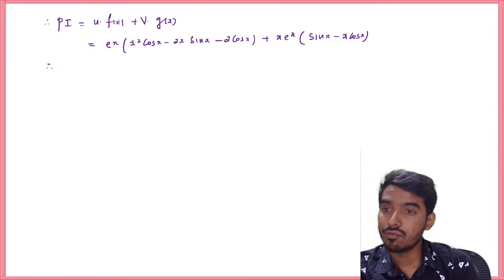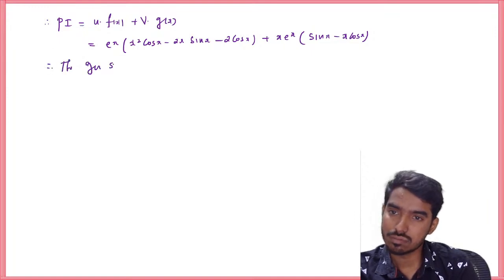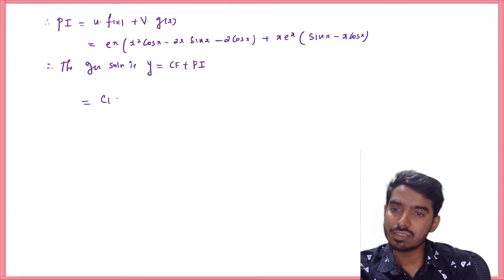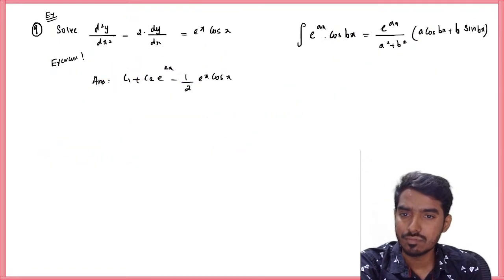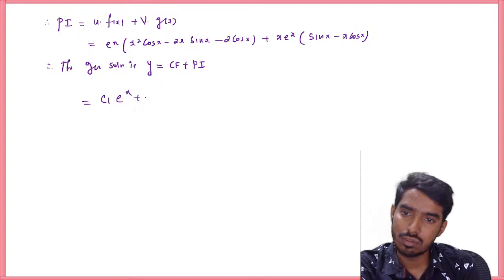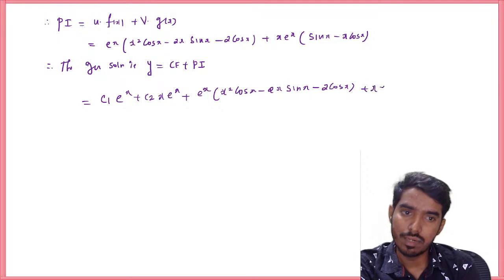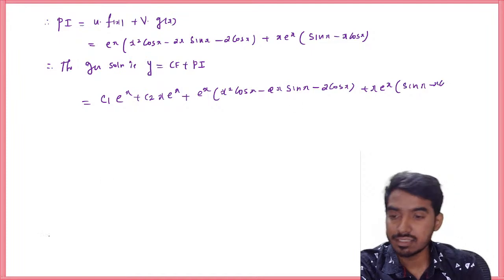Okay. Therefore, the general solution is y is equal to cf plus pi. So cf is c1 e power x, c2 x e power x, plus pi is e power x x square cos x minus 2x sin x minus 2 cos x plus x e power x sin x minus x cos x.